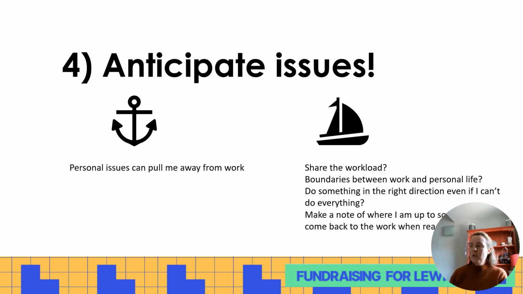Make a note of where I'm up to so that when I come back, I can see what needs to happen next. So yeah, stuff might happen. You know, people might need to leave and go to a funeral or something like that. So if you've written down where you're up to, when you do come back, it will be easier for you.